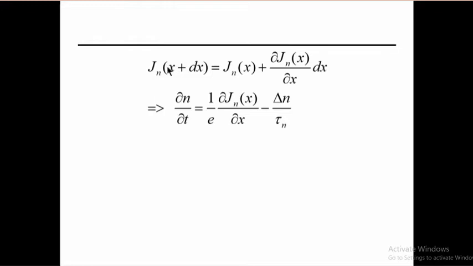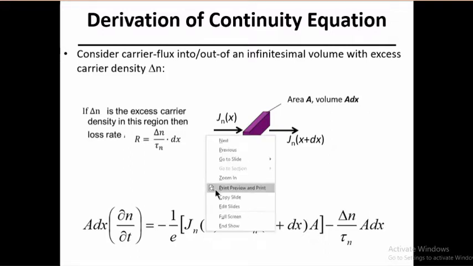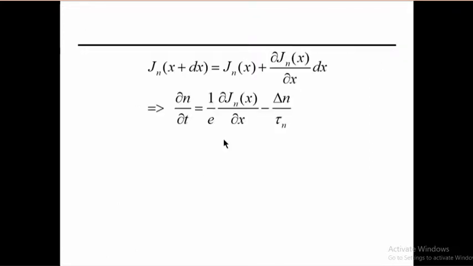When we add this term to the other term from before, I will go back just to show you. So this is Jn of x minus Jn of x plus dx. We factored this part, taking it from there, and what we are left with is this term here, which is 1 over e.